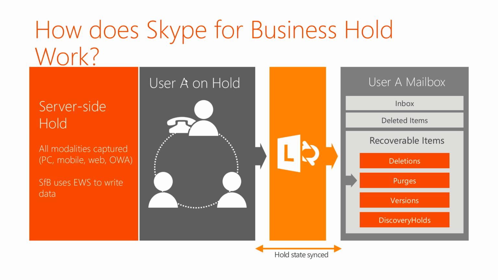So meeting content, IMs, et cetera. This is different from a user saying, save my conversation history in Outlook. This is a completely different thing, and it's irrespective of that. So it doesn't matter if a user has that feature turned on or not. Once the user's on hold for Lync or Skype for Business, all of their stuff will remain on hold.